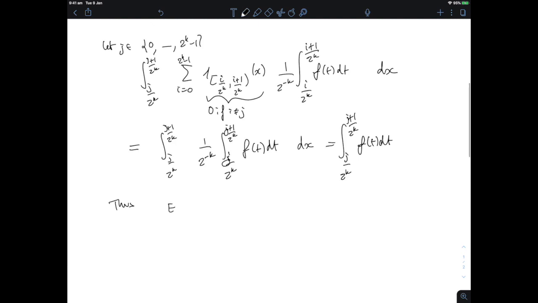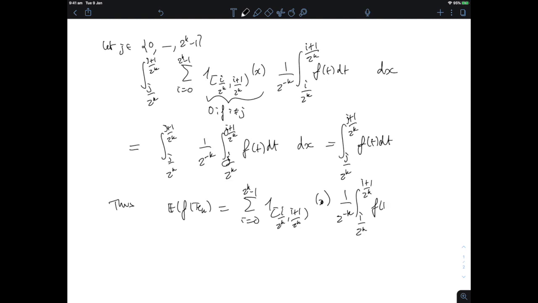That tells me exactly that E of f given Fk, so my mkf, is equal to this sum by uniqueness of conditional expectation, very similar to an exercise you've already done. Okay, and that proves 2 and 3 using the fact that given any point there's a unique interval in Dk to which that point belongs, because again I have a partition.